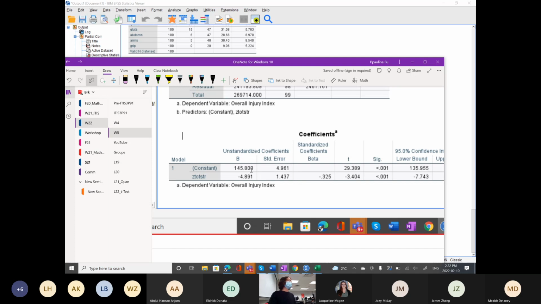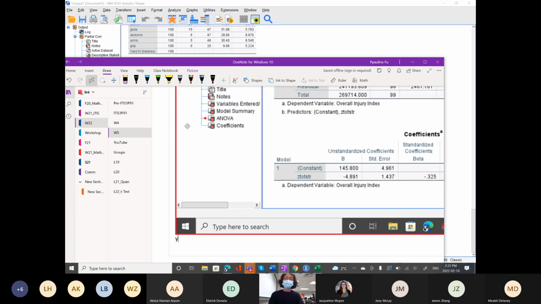Okay, constant is your slope, or not slope, intercept. Next one, negative 4.891 is the slope. Okay, so when you're in high school, you write down y equals ax plus b, something like that.